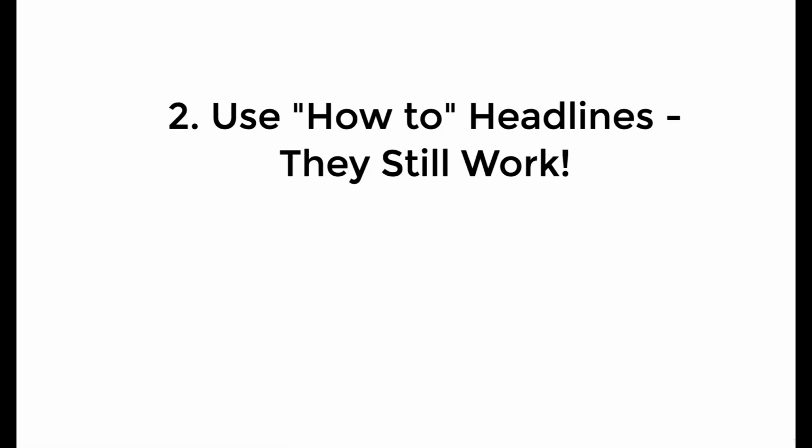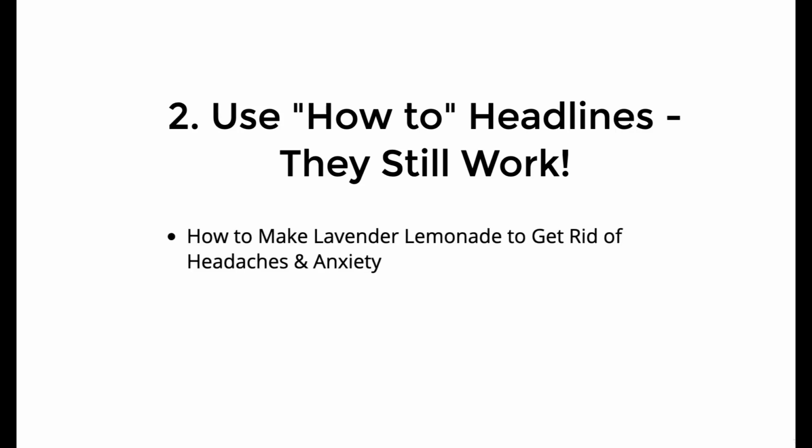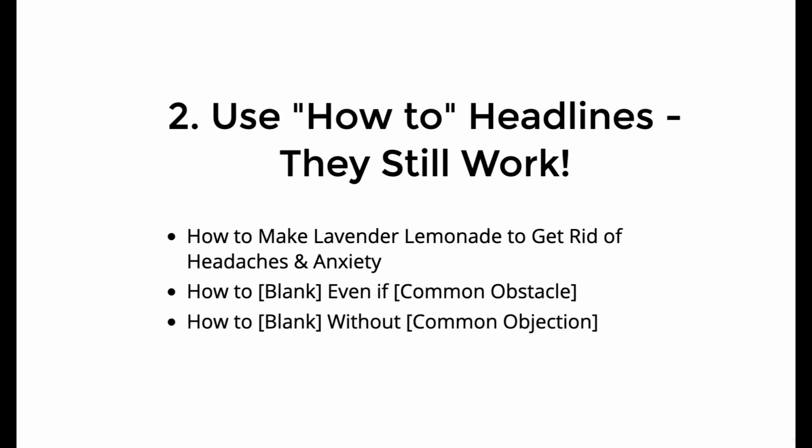Now another tip for people to write headlines that still work: how to make a lavender lemonade to get rid of headaches. Yeah, that's also one example. So if common obstacles, how to do blank without objection, really this one's very powerful.